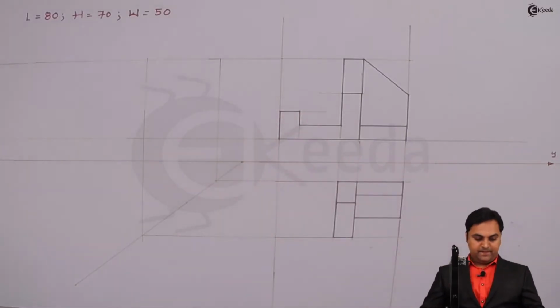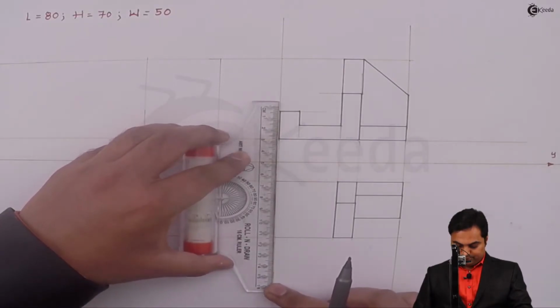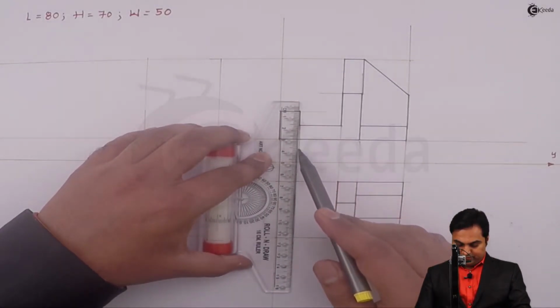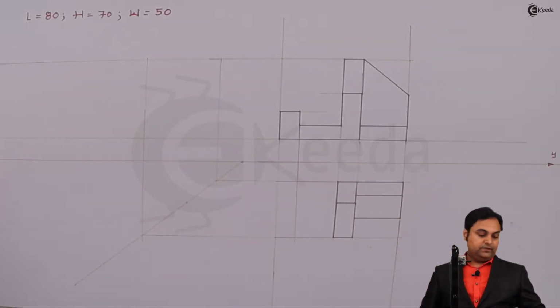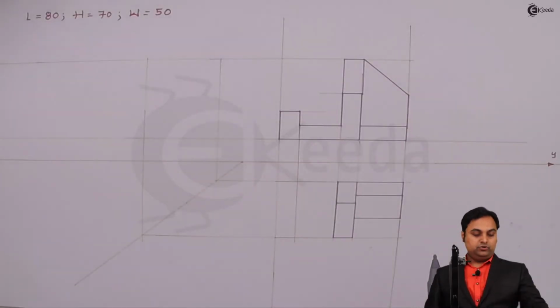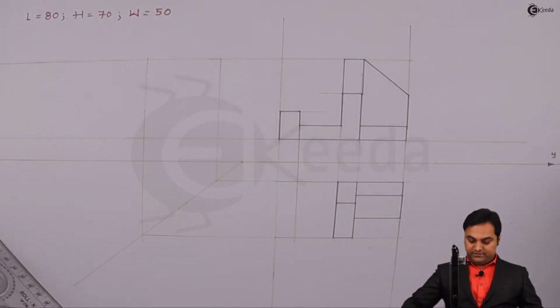It is here. So projecting it light, projecting it with the help of a light line. Then the rectangle is having a total width of 50 mm. So here the width is already 50 mm. I'll make this rectangle dark.